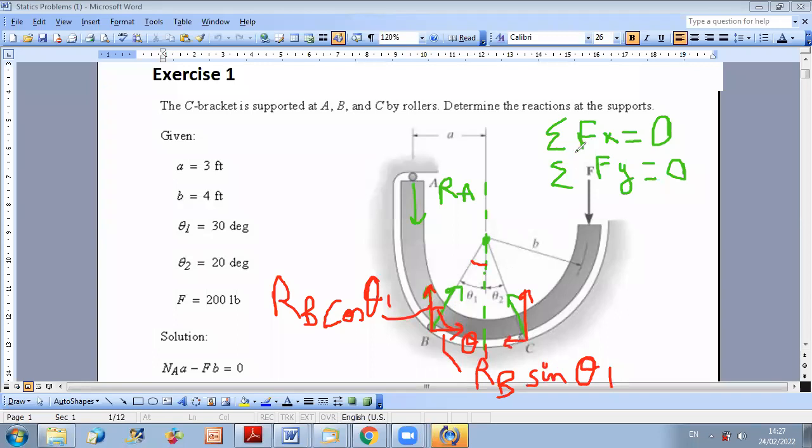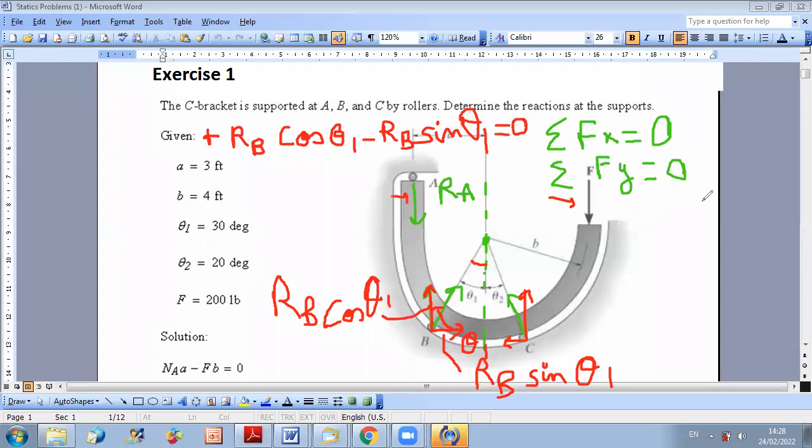When you write your equations, for sum of X, there is no component of RA and F along X. So in sum of X, you just have plus RB sine theta 1 minus RC sine theta 2 equals 0.